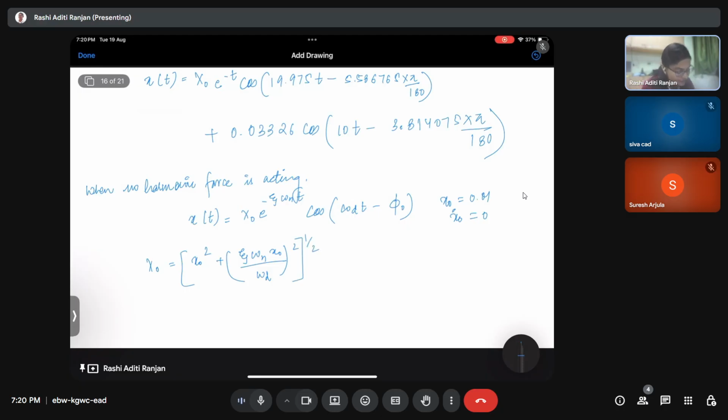So when we put these values, we get 0.01 square plus 0.05 into 20 into 0.01 divided by 19.975 whole square to the power 1 by 2. Okay, so when we put all these values, what do we get? 0.010012.